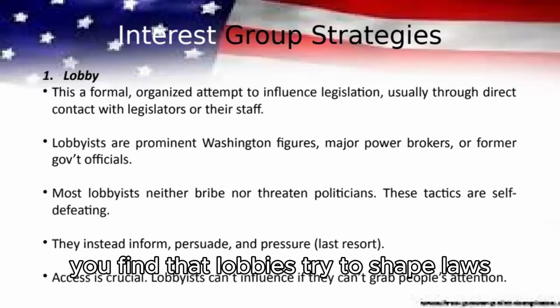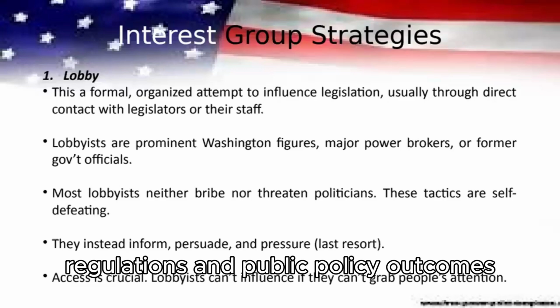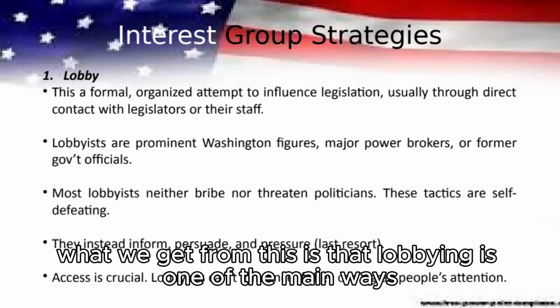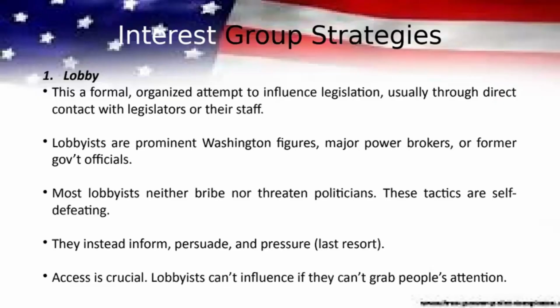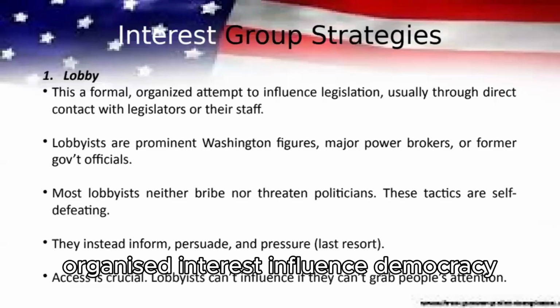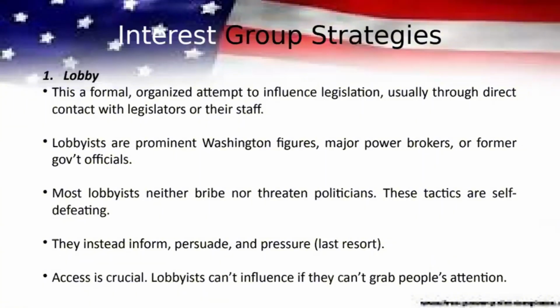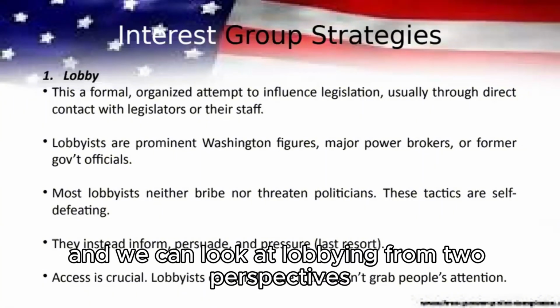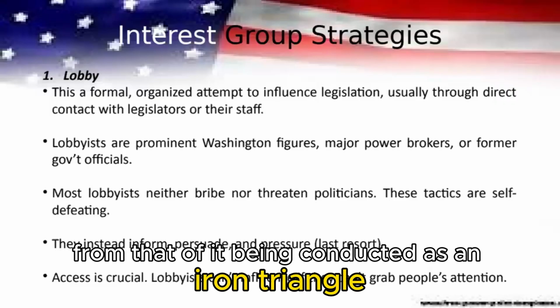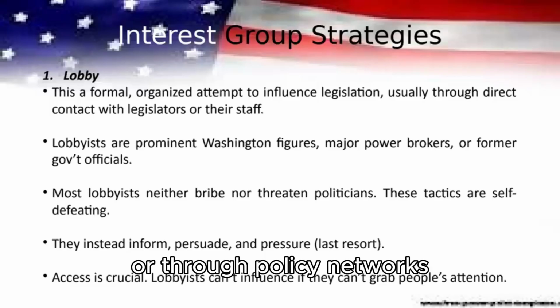You find that lobbyists try to shape laws, regulations, and public policy outcomes. What we get from this is that lobbying is one of the main ways organized interest influences democracy. And we can look at lobbying from two perspectives, from that of it being conducted as an iron triangle or through policy networks.